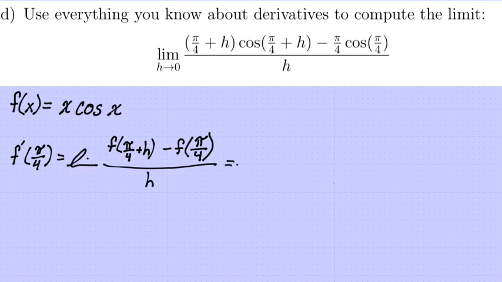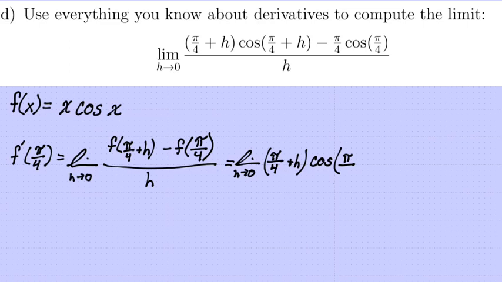And so that is the limit as h goes to 0 of pi over 4 plus h cosine of pi over 4 plus h.